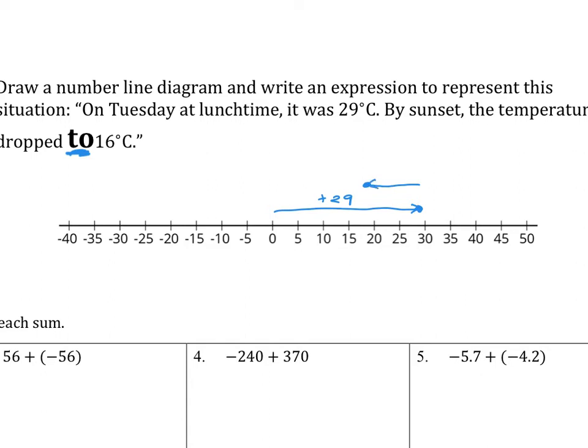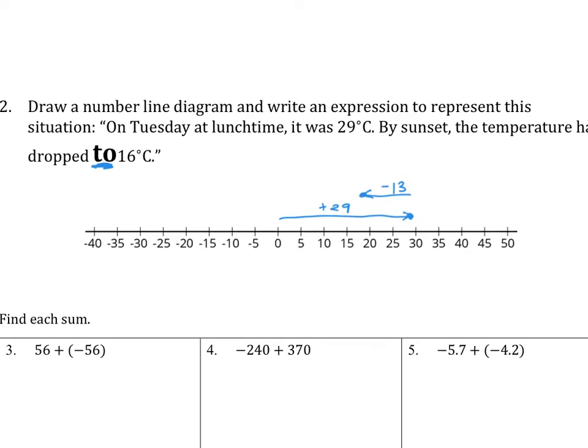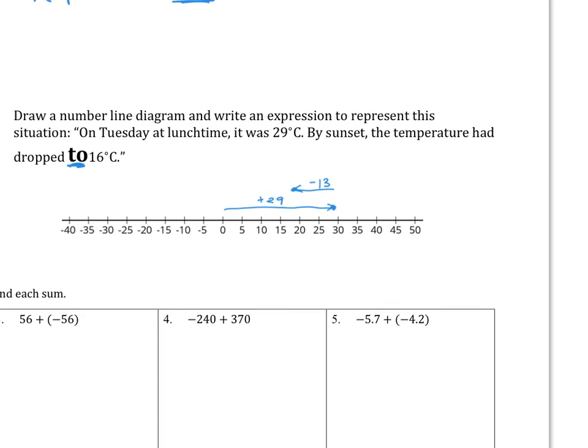And that is because I'm moving to the left, a negative 13 movement. Right? To go from 29 to 16, I need to drop 13, sorry. So my expression needs to represent that. So I'm going to do 29 plus negative 13.